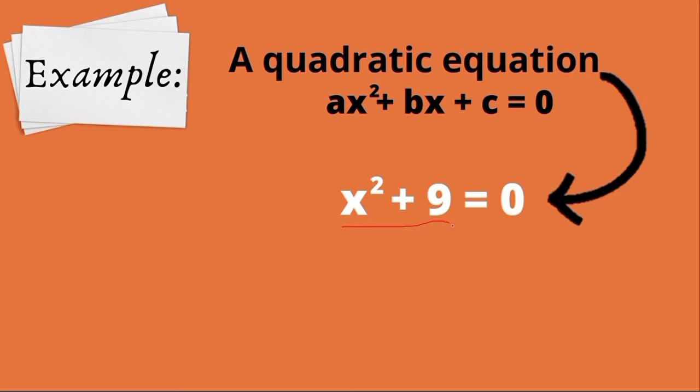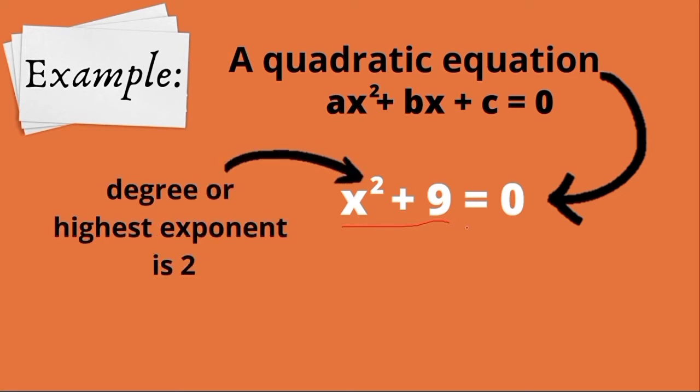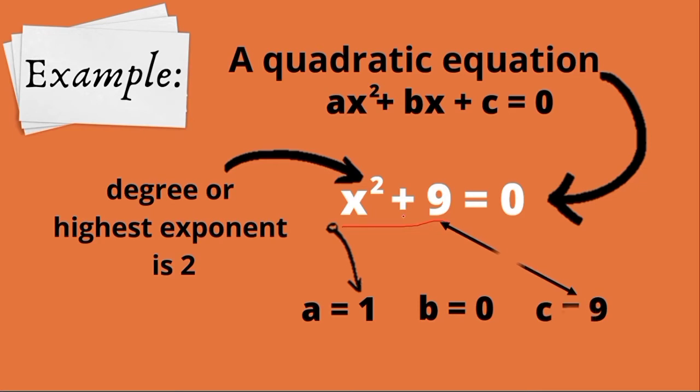Is that clear? And also, the highest degree is 2. That's why it is also considered a quadratic equation. Now, what are the values of a, b, and c? A is 1, b is 0 because the linear term is missing, and c is equal to 9.